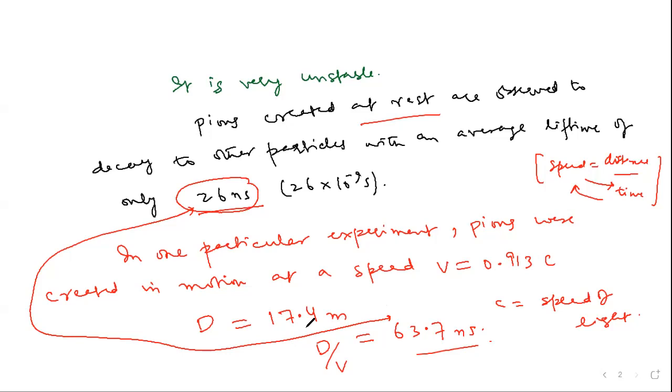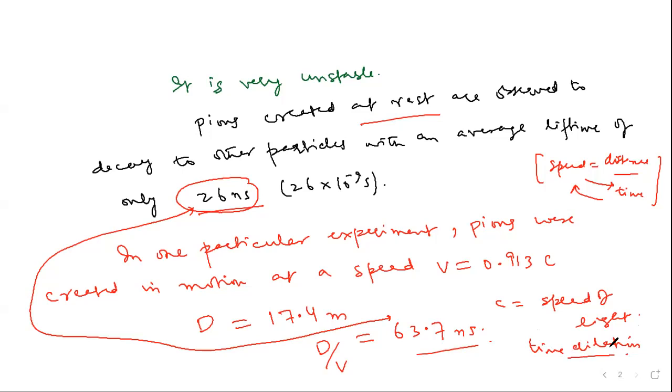That means we can conclude that before decay, they live for this much time, 63.7 nanoseconds, which is larger compared to 26 nanoseconds, right? This effect is called time dilation, right?